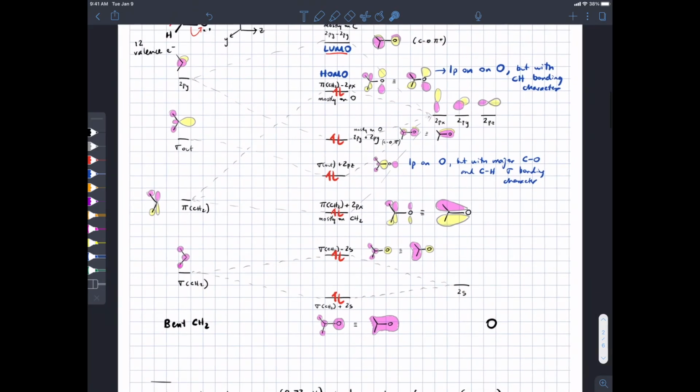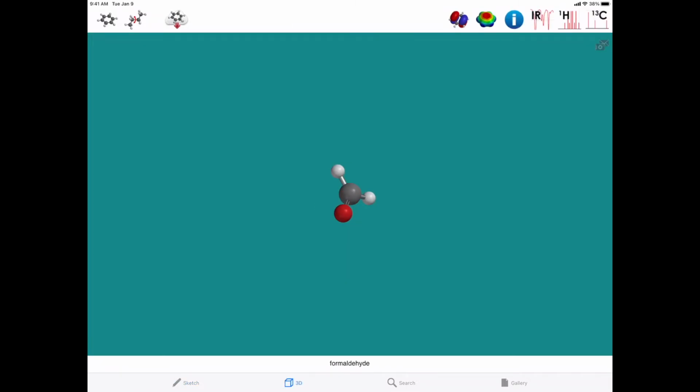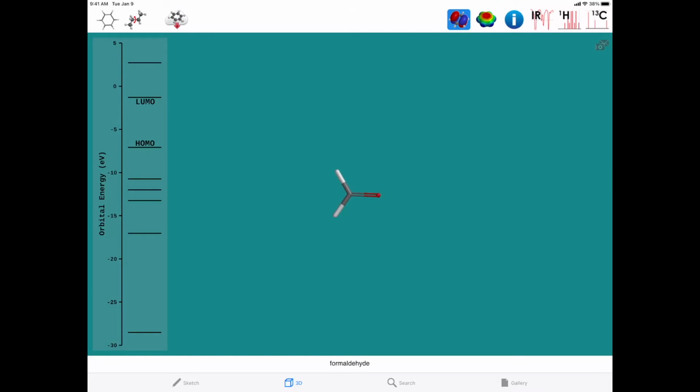For fun, let's go ahead and compare the orbitals that we've drawn here with our QMOD approach with those that we're going to get from molecular orbital calculations. Here is the sigma CH2 plus 2s orbital on oxygen.